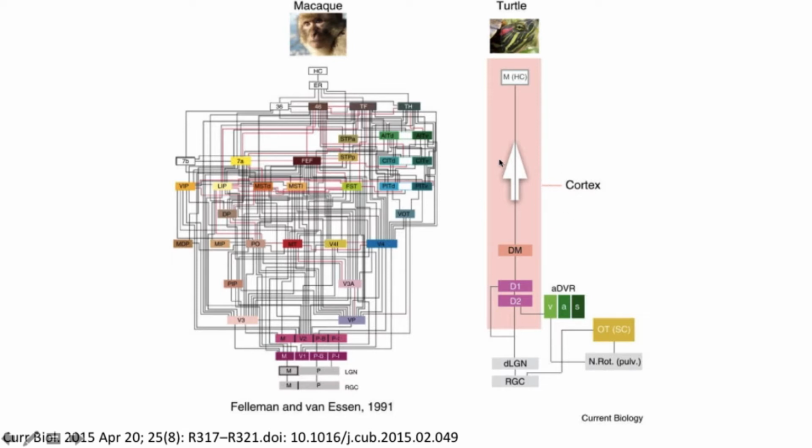So the visual association is much less. That is possibly the major difference between the way the signals are processed by the turtle and by the macaque.